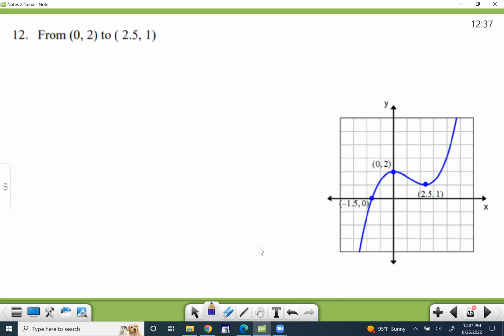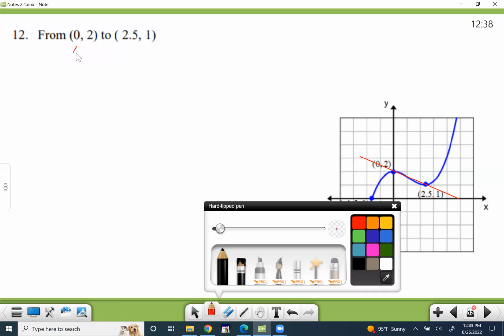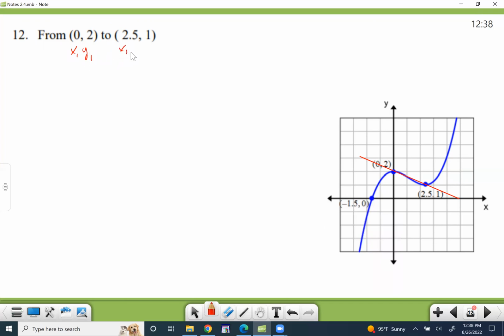Let's try another one. So if we draw the line between these two points from (0, 2) to (2.5, 1), something like this, okay, we should expect to have a negative slope. So let's see if the average rate of change between those two points is negative, okay? So we're going to label x1, y1, x2, y2.